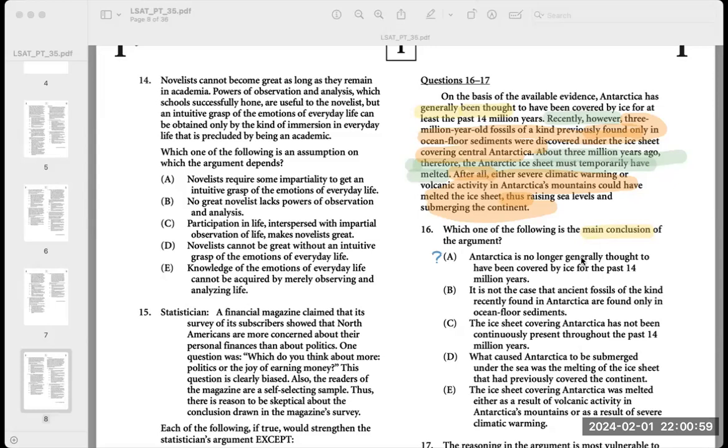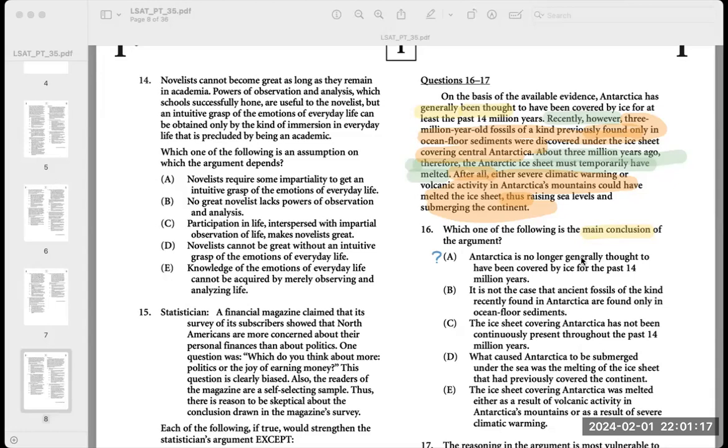We don't know that this new discovery has changed the general thinking yet, right? It might take time for consensus to build, and for other scientists to be convinced.